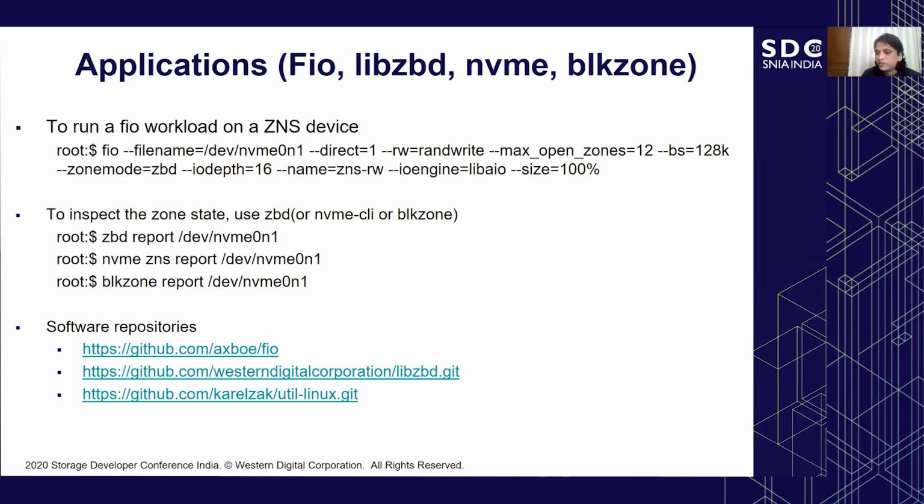Only the zone selection is random within a ZNS SSD. And ZBD comes with libzbd, and it basically gives a report of how many zones there are, what the zone size is, what the capacity of the zone is, what the zone state is, what the attributes are, what the zone index is, and that kind of information.